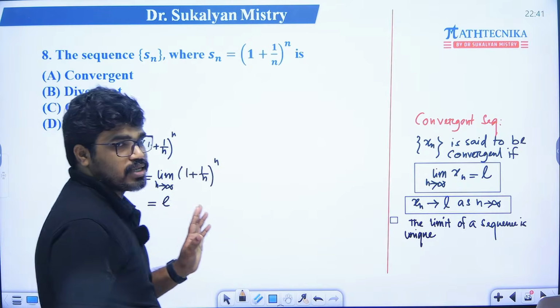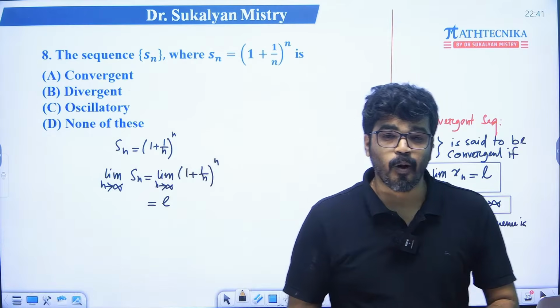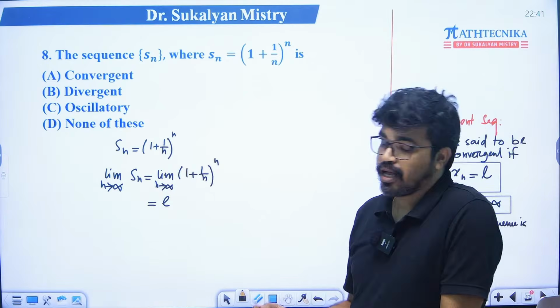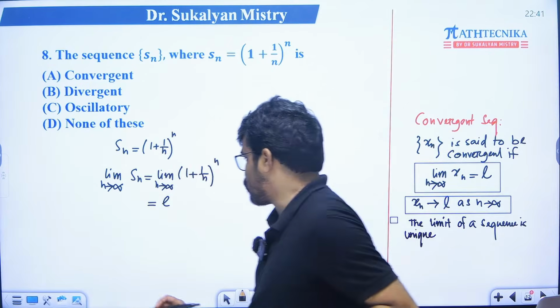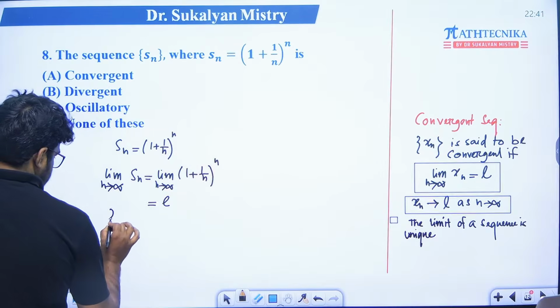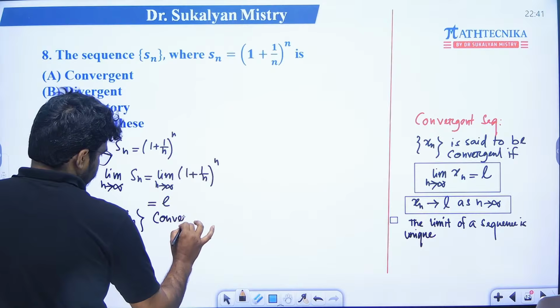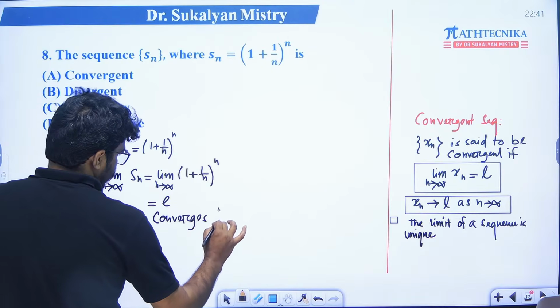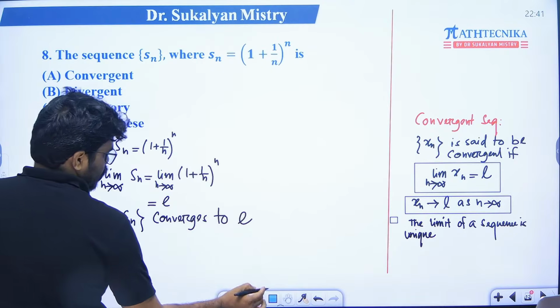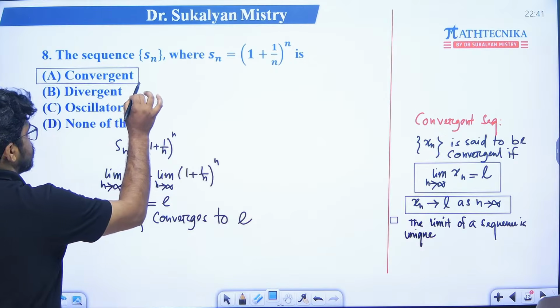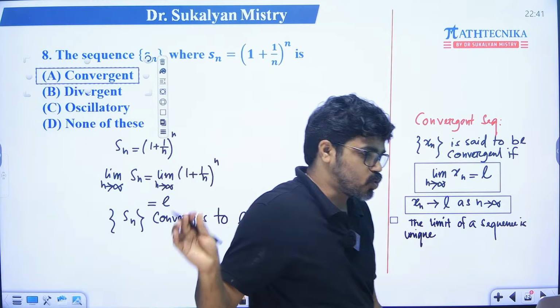So the sequence Sn converges to the point e. So it is a convergent sequence. So option A is the correct answer. So note all these points.